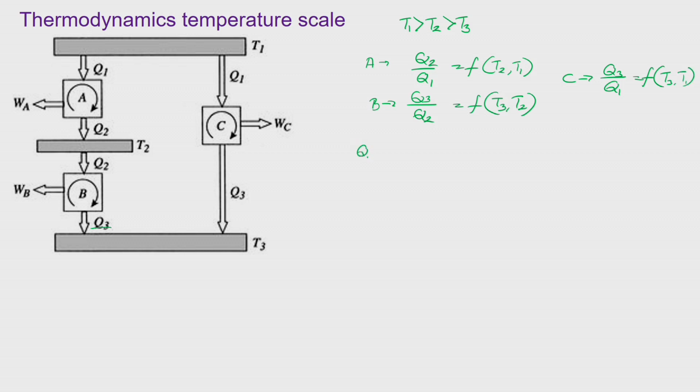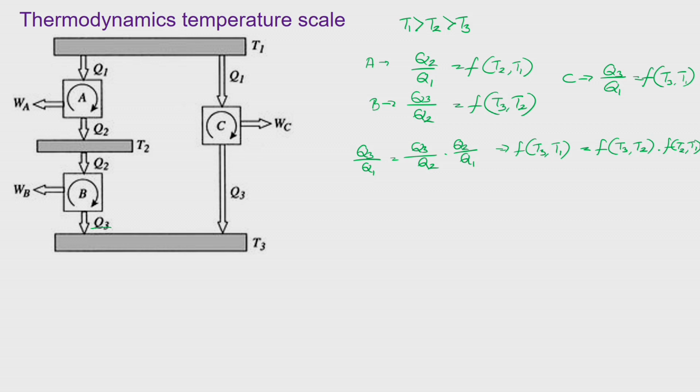So, if we combine them, Q3 upon Q1 is equal to Q3 upon Q2 into Q2 upon Q1, that is, a function of T3 T1 is equal to a function of T3 T2 into a function of T2 T1.